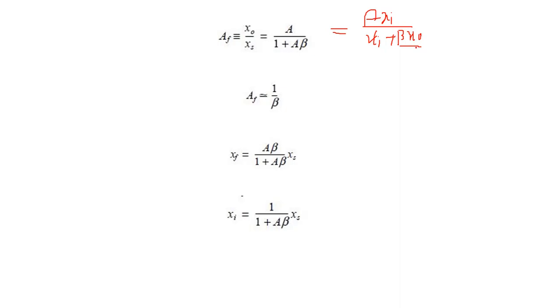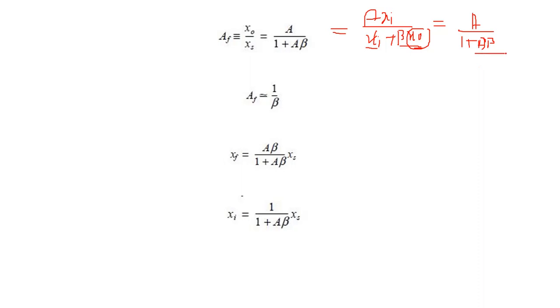So this will be A beta Xi. This Xi gets cancelled off. So what remains is A divided by 1 plus A beta. You can do the substitution for this and cancel off Xi, and what remains is A divided by 1 plus A beta. Feedback amplifier gain is A divided by 1 plus A beta.